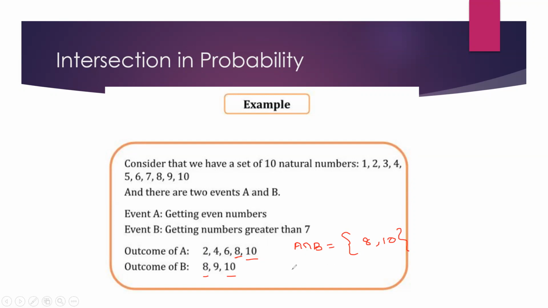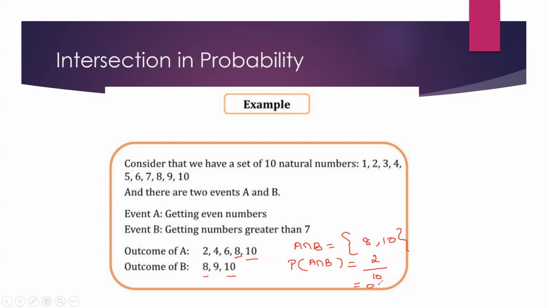So probability of A intersection B is equal to, right? How many elements are there in A intersection B? 2 out of the sample space. What is the sample space? From 1 to 10, right? So it is actually 10. So 2 by 10 is equal to what?